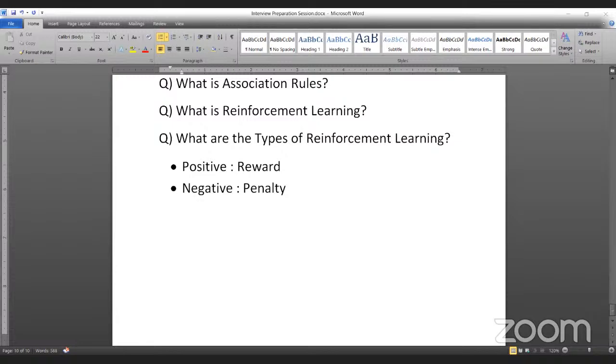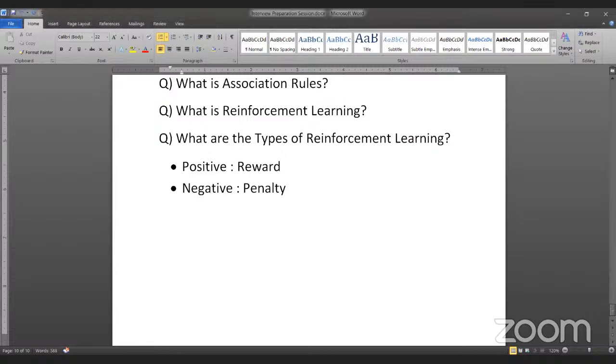This is just the basic introduction to algorithms. Tomorrow we'll be going through some more deep questions in algorithms, but here let us go to statistics now.